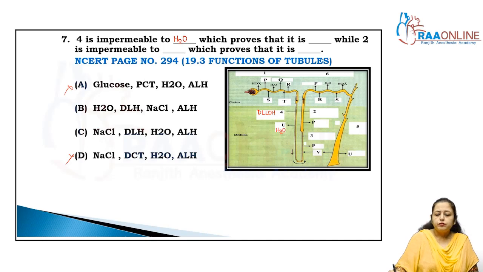Now, 2, that is the ascending limb of LOH, is impermeable to water and permeable for electrolytes, right? So that proves it is the ascending limb of LOH.